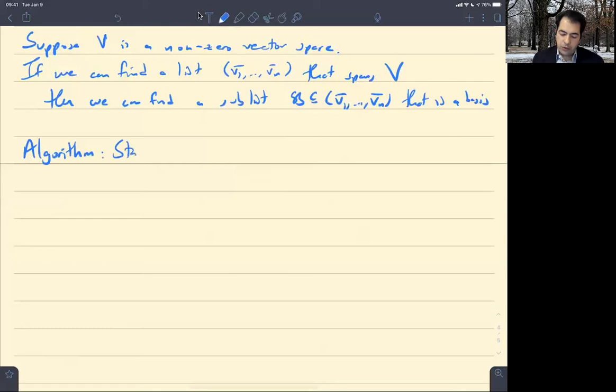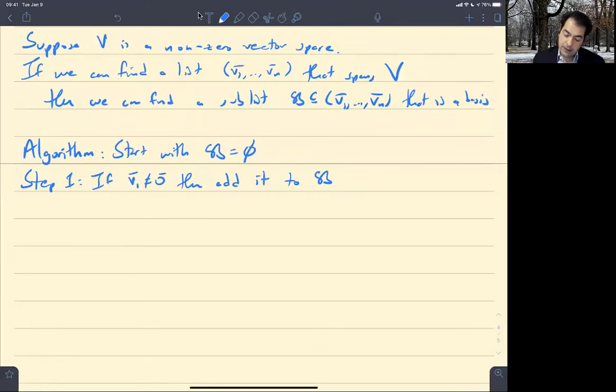Okay, so we'll start with B equal to the empty set. We're going to add or not add a vector to B so that at the end we end up with a basis. Okay, so step one. If v1 is not 0, then add it to B. So at the end of this step, note that either B is still the empty set, or B is the list with one element, v1.